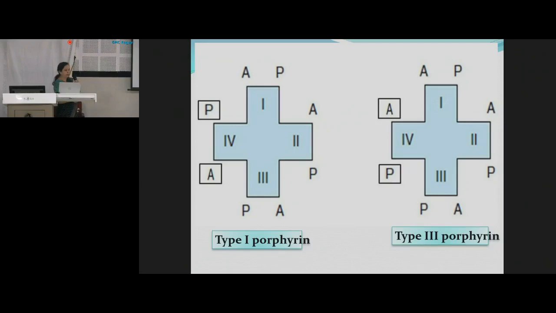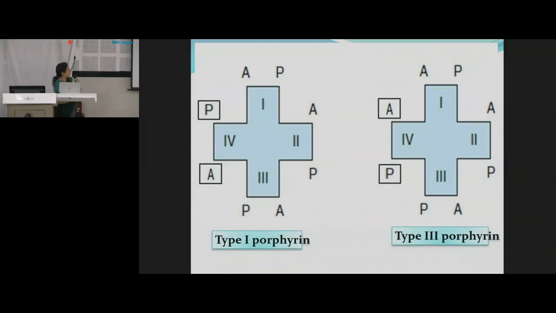So there are 2 types, type 1 porphyrin and type 3 porphyrin. In type 1 porphyrin, the groups, that is acetyl and propionyl, are arranged symmetrically. Whereas in type 3, at the last, that is the 4th chain, there is asymmetric arrangement of the propionyl and acetyl group.